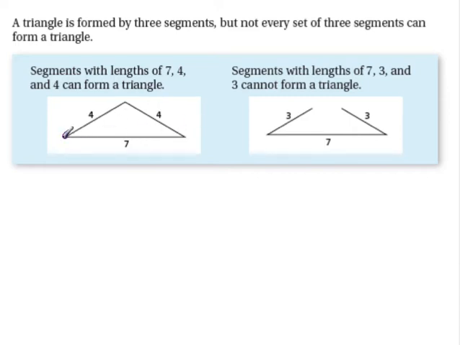So I want you to imagine that this is school and this is home. The shortest way between school and home is a straight line. But say if you stopped at the store, that would be a longer distance. So going around in this way has to be further than going straight there. So the sum of any two sides has to be greater than the third in order to form a triangle.